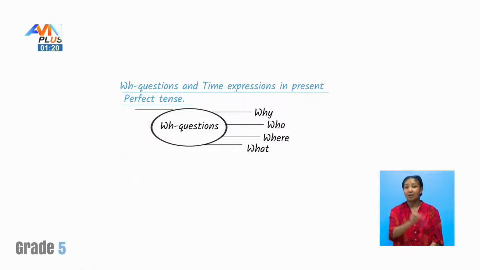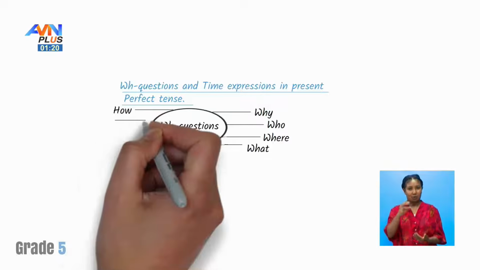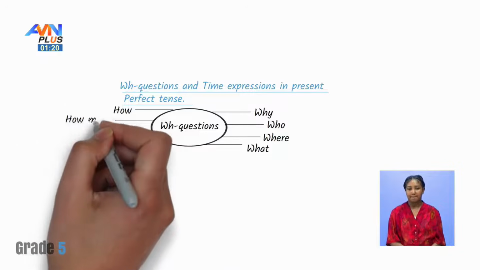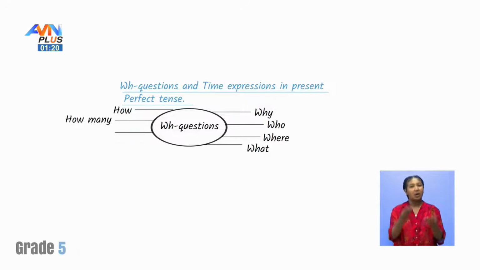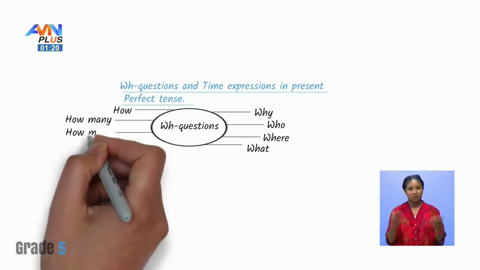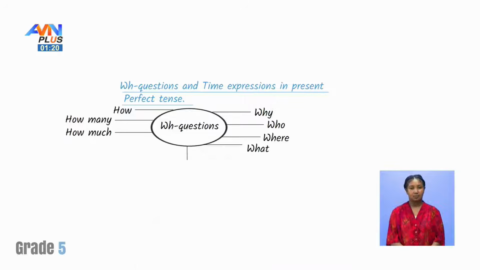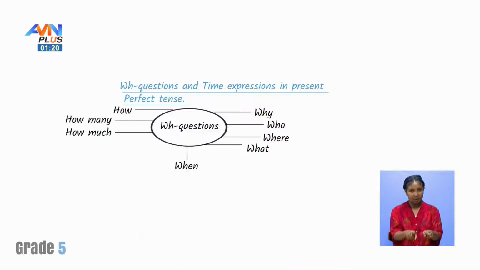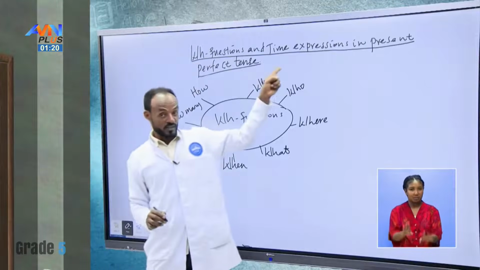Another one is how? How many? Another one is how much? And we can say when, even if this one is not much used in present perfect tense.